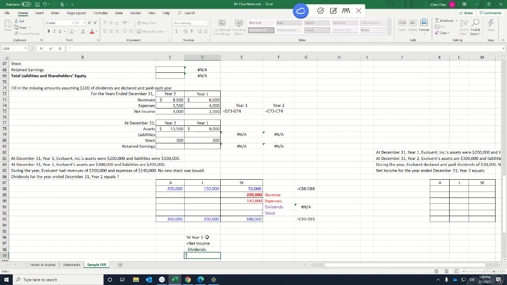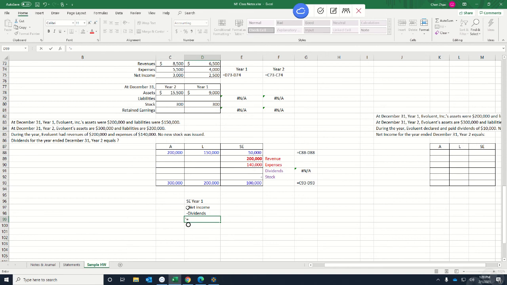And by the way, you cannot type plus or equal sign directly in an Excel cell. So click the cell label first and then use the equal sign, plus or minus. Okay, so this is how you do SE year 2.